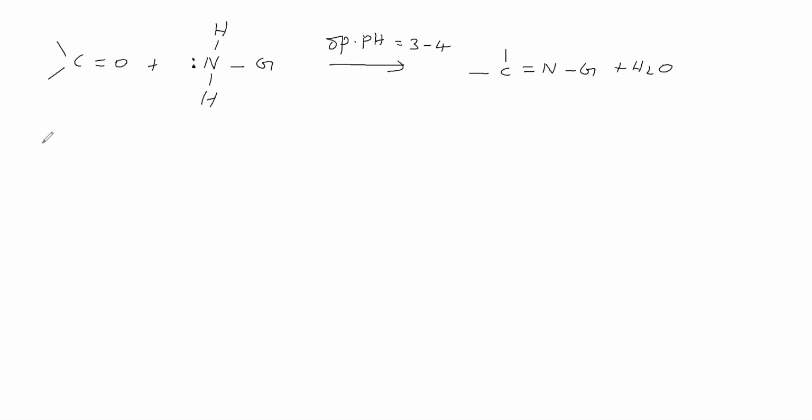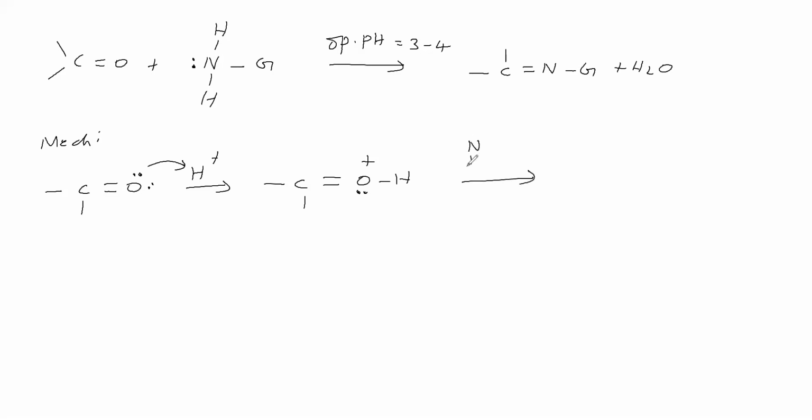Now we will see the mechanism. Take this carbonyl group. First H plus adds over the oxygen, so oxygen has a lone pair and a positive charge. Next a nucleophile attacks.